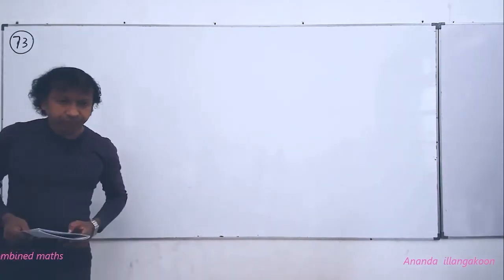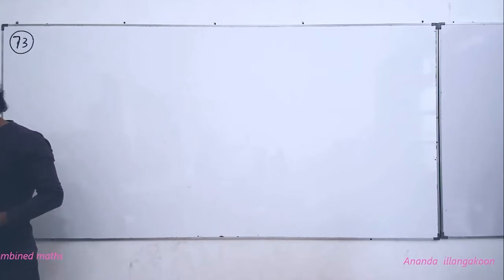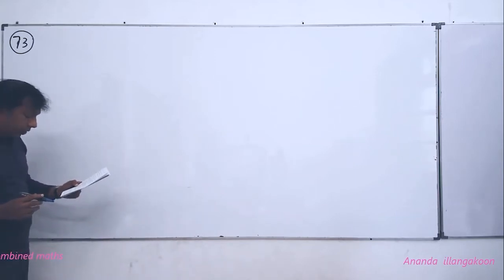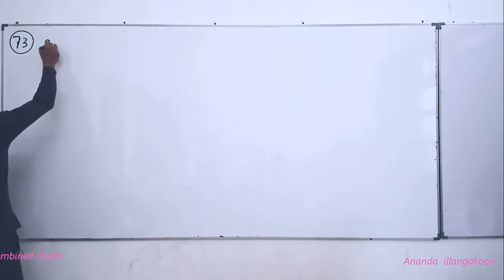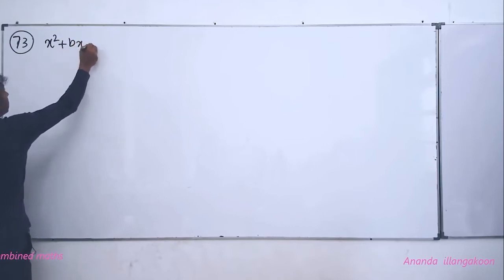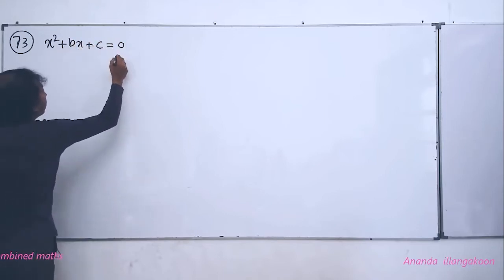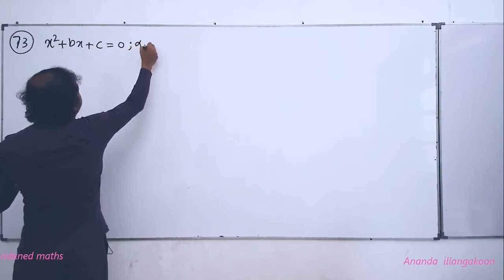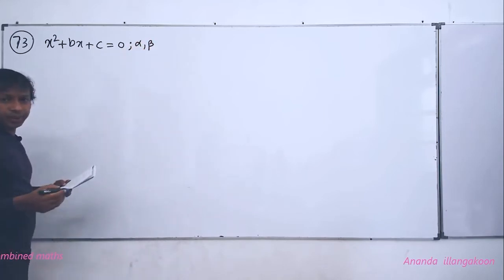Right, let's see. What is question number 73? Let alpha and beta be the roots of the equation x squared plus bx plus c equals 0. This equation has the roots alpha, beta, right?